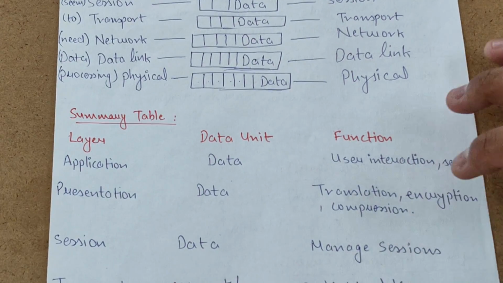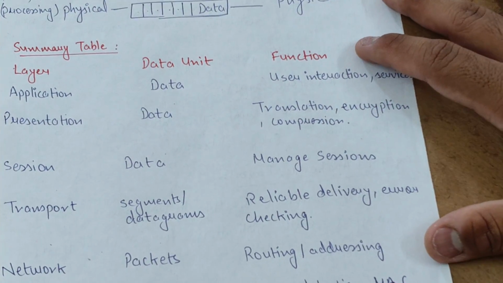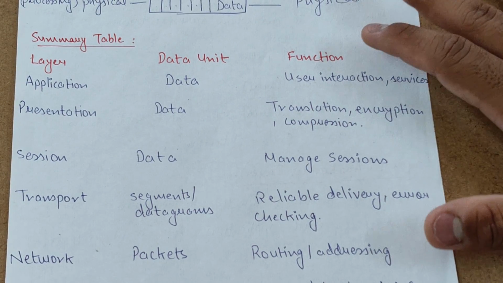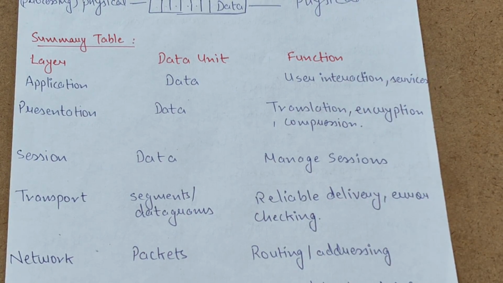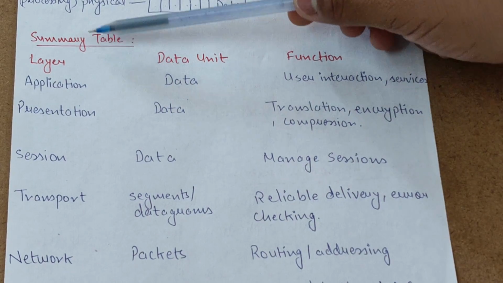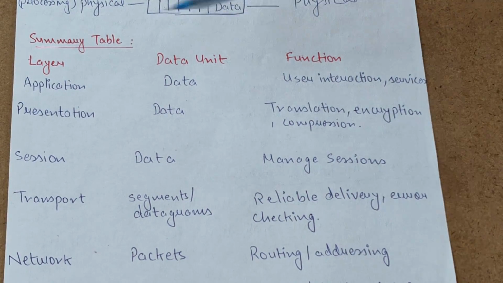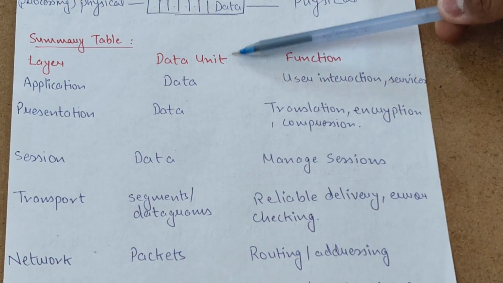So I have made a summary table for OSI also. I'll teach you about each layer easily and in short forms that you can remember from the exam point of view in your exams. The table has three columns: layer, data unit, and function.